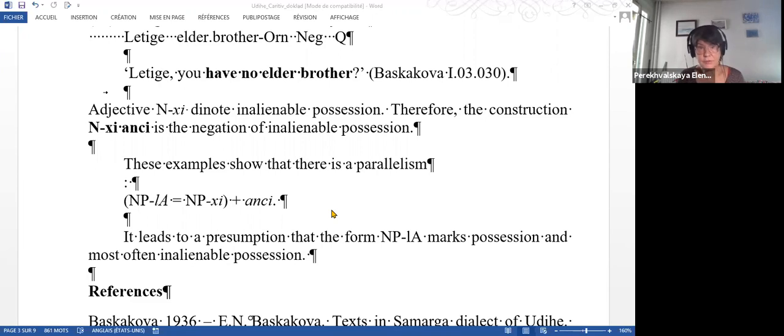And then we come to the conclusion that the caritive construction in Udihe is in fact the existential negation used with the possessive construction. So they are linked. In fact, it can be said that it's the same existential negation, but what is negated is just a possessive construction.